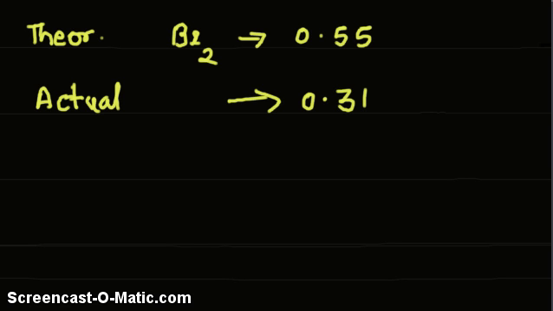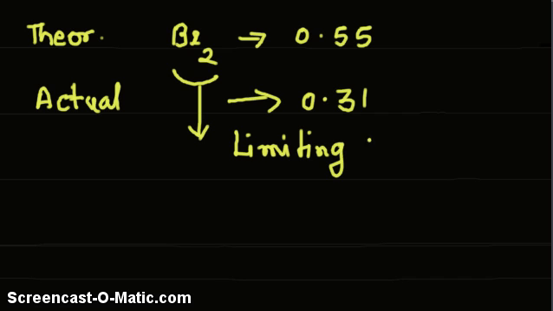It means bromine is fully consumed in this case, and as such bromine is our limiting reactant. Why is it essential to find the limiting reactant? It is essential because the one which is limiting, that quantity we are going to use to find the corresponding production of the product.